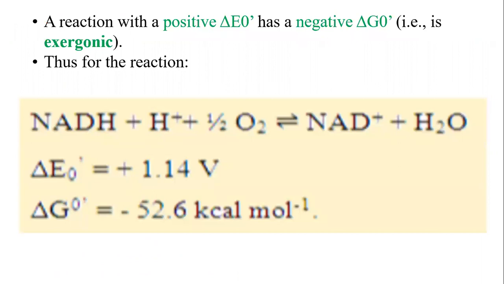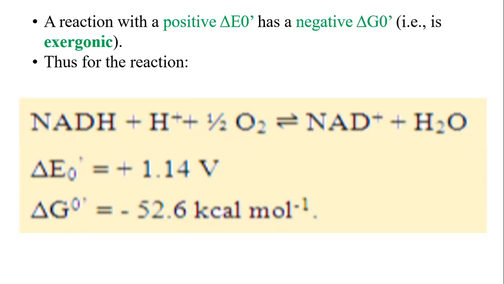A reaction with a positive delta E naught has a negative delta G naught. That is, reaction is exergonic. Thus, here you can see in the reaction where NADH is oxidized to NAD+, there is delta E naught equal to 1.14 volt, whereas delta G naught is minus 52.6 kilocalorie per mole.